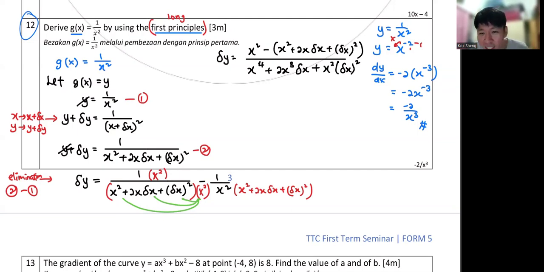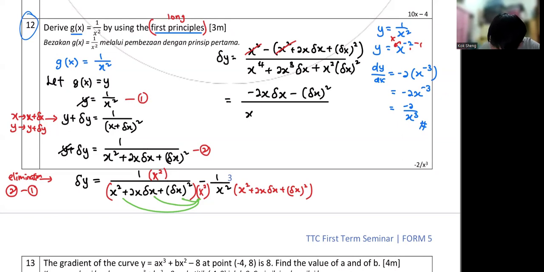It seems like it's getting okay. We have the x power 3, if you compare with the final answer. Okay, continue. So x squared minus x squared, no more. So the negative just expands into the bracket. Good. And the bottom, nothing.